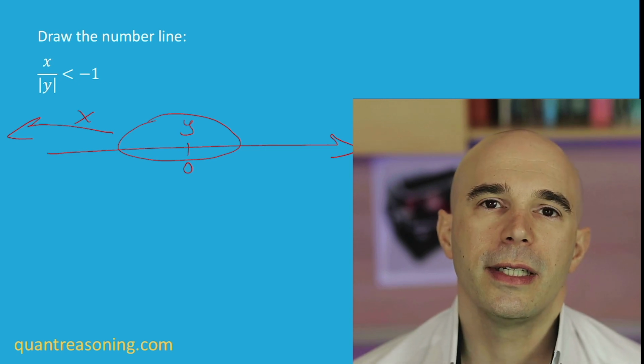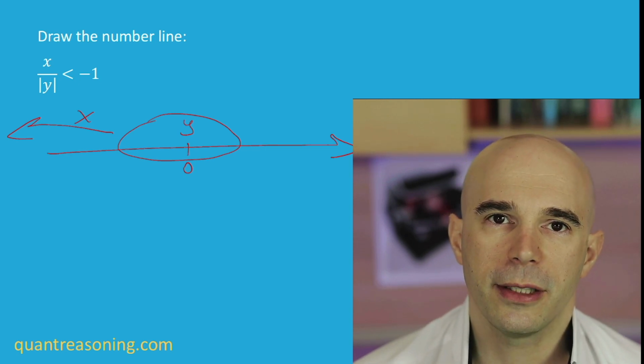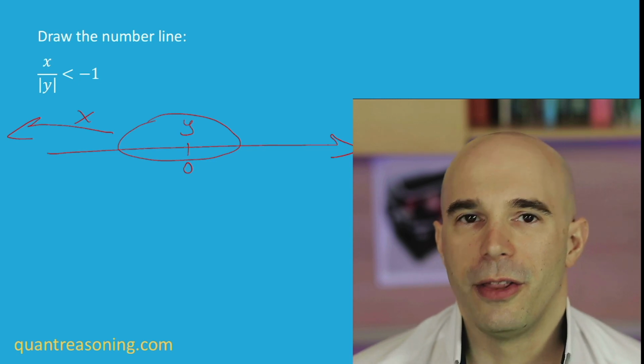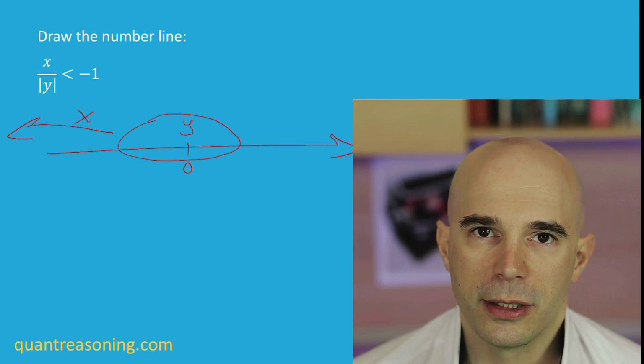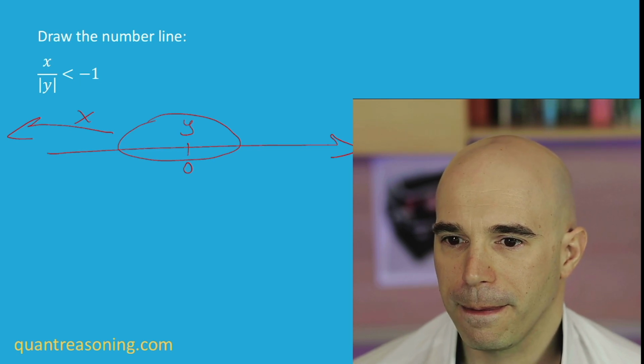I guess one way to say it is that if a ratio is more than 1 unit away from 0, then the numerator is farther away from 0 than the denominator is. Do you want me to repeat that? Yes.